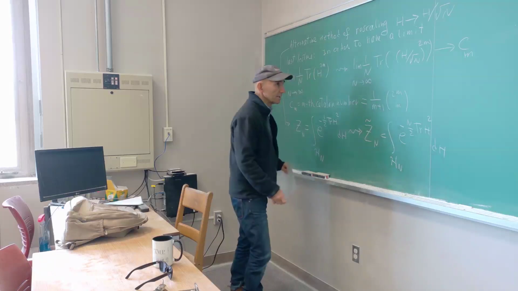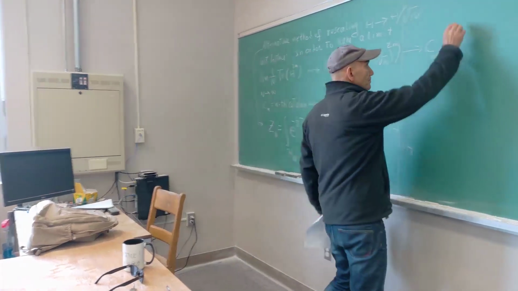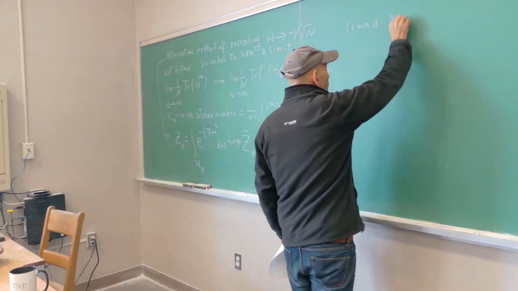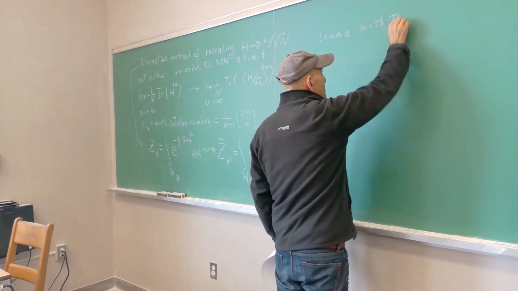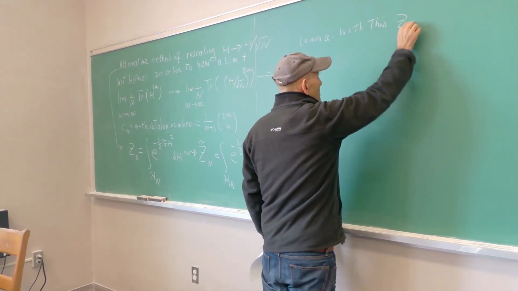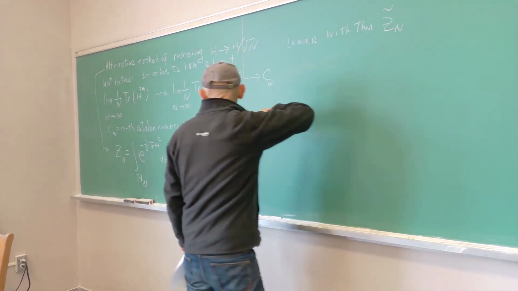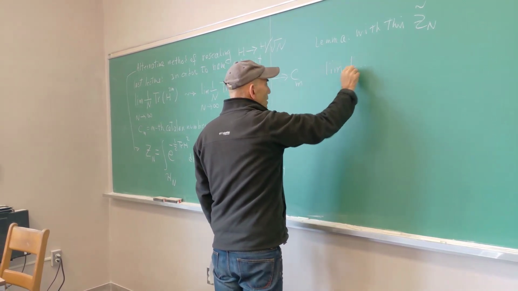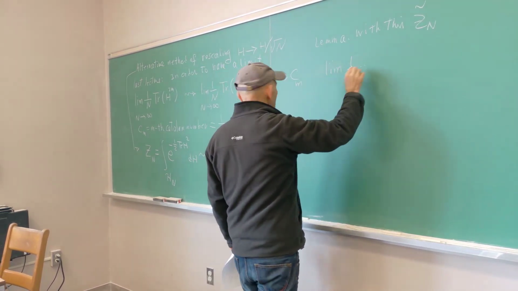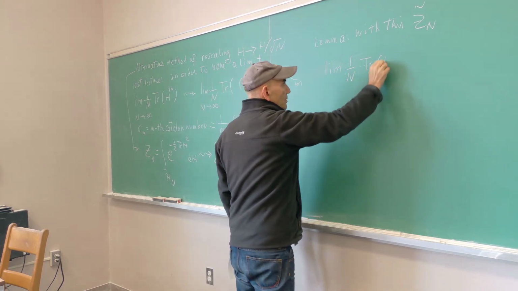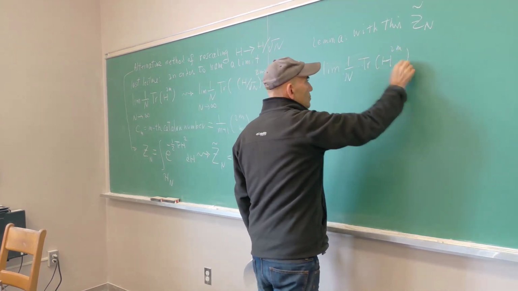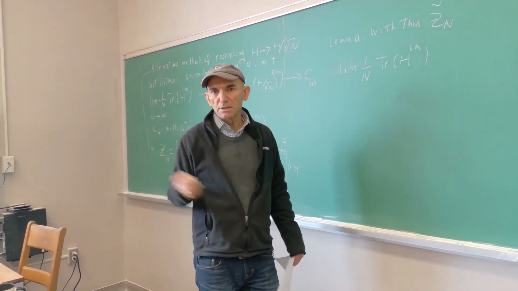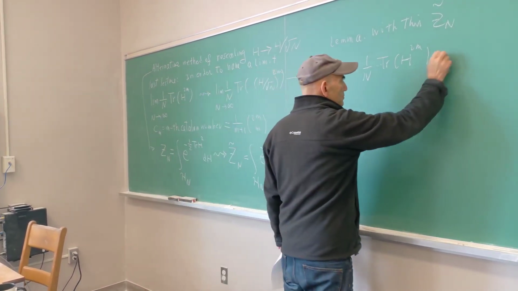So the lemma is that for Zn tilde, the limit of 1 over n trace of h to the power 2m, by itself, exists and it's Cm.